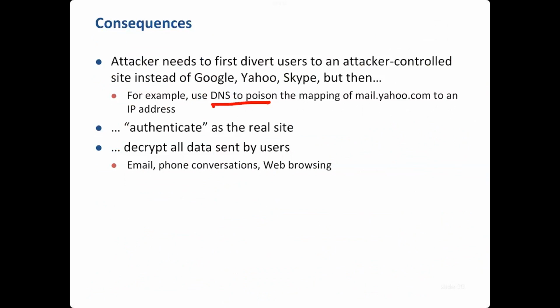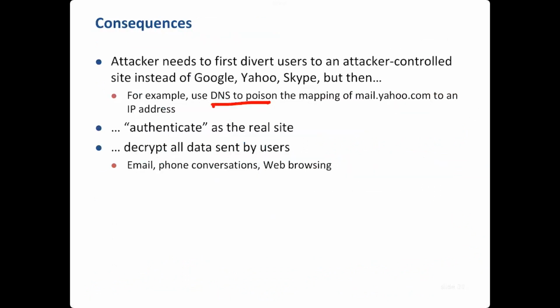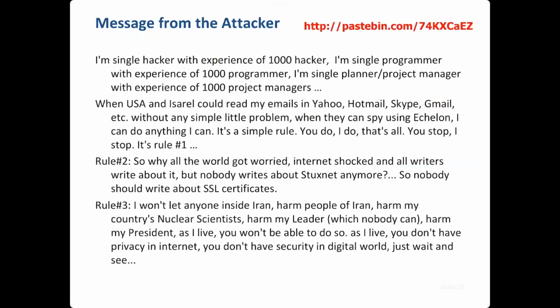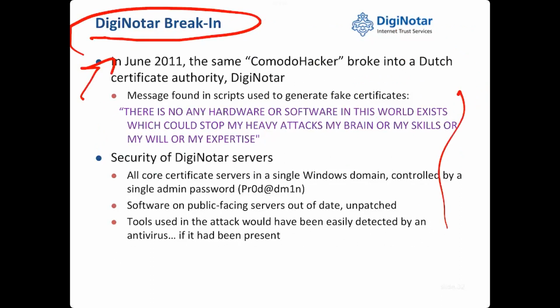This hacker, or criminal, could also change the DNS settings, and then he sent this kind of message. There was another break-in: the same guy also broke into diginotar.com after some time, and the details are also available.